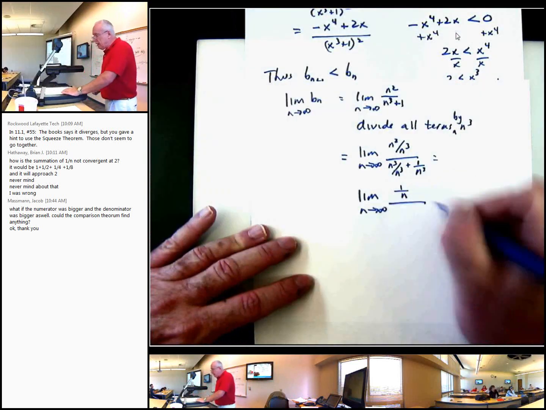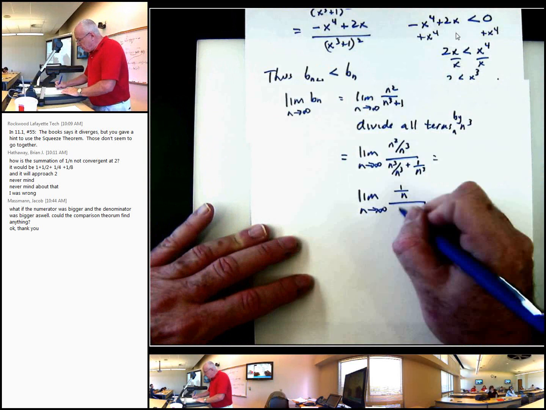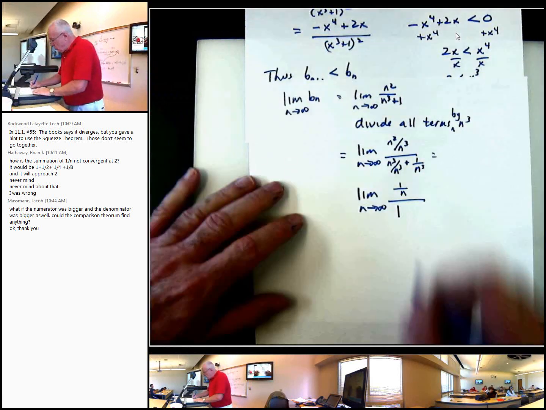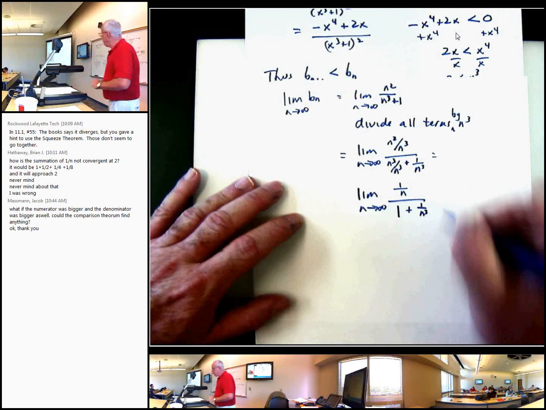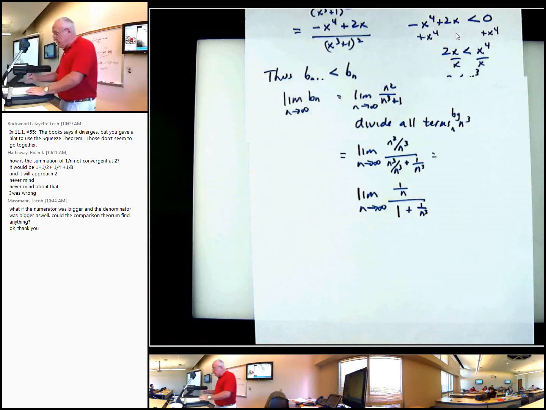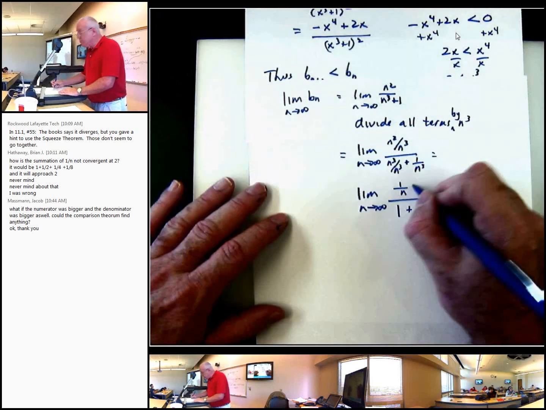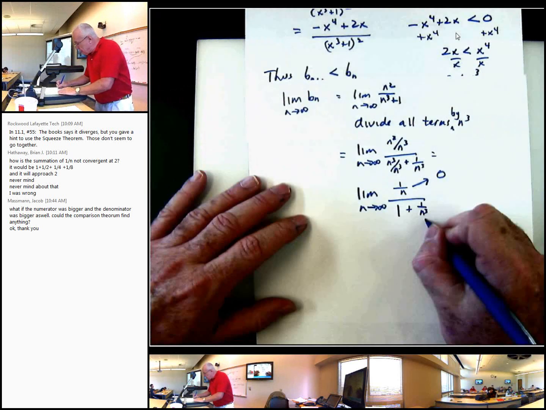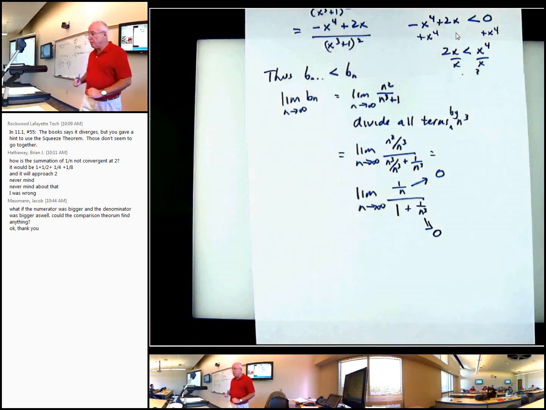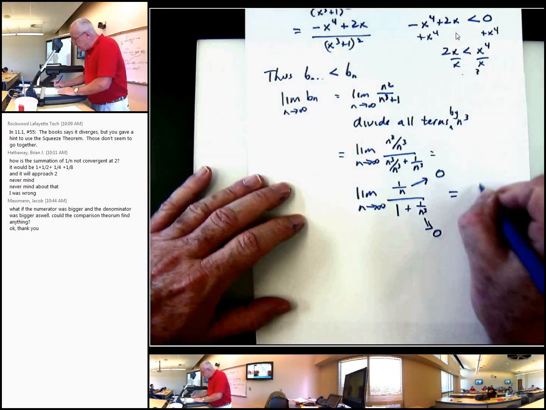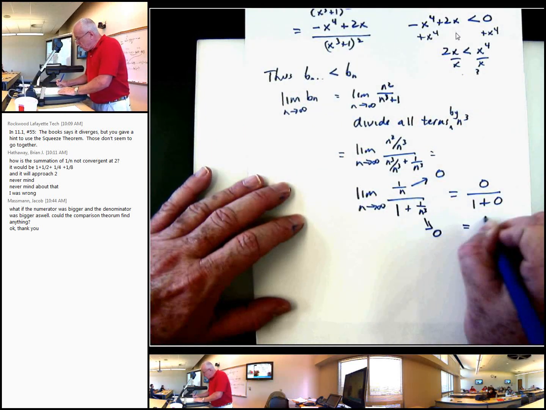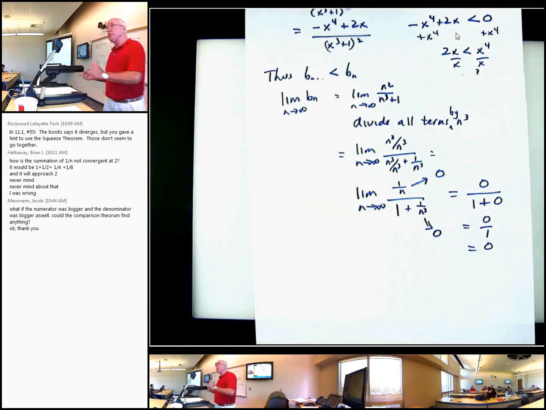And then in the bottom, the first term, n to the third over n to the third, that's going to be a 1. And then 1 over n to the third. So as n gets bigger and bigger, this top term goes to 0. And this term on the bottom also goes to 0. So our limit is 0 over 1 plus 0, which is 0 over 1. So our limit is 0.